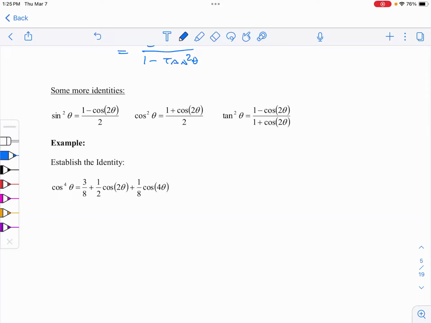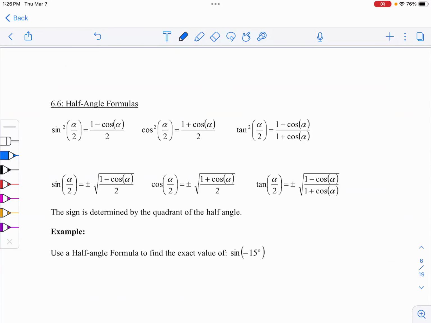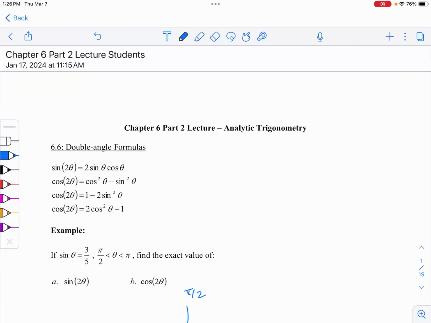These are all the same formula, right? If I multiply this by 2 and subtract 1, this is the double angle equation. Then you take a square root and you end up with the half angle or power reducing formulas, all right? So these are all just variations on this very first formula we looked at.